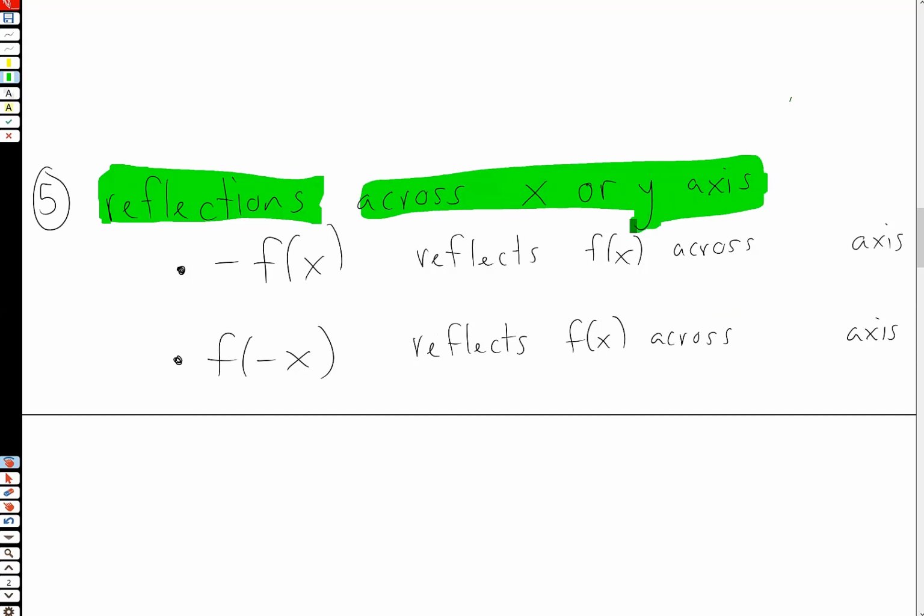So if we multiply the outside of your function by a -1, this reflects f of x across the x-axis. If you multiply your input by a -1, this reflects f of x across the y-axis. So again, let's see this in action.